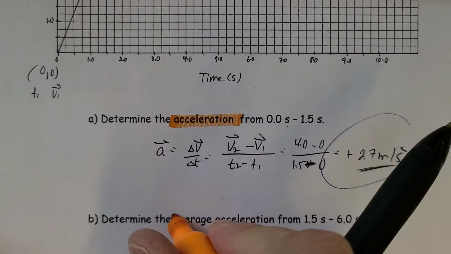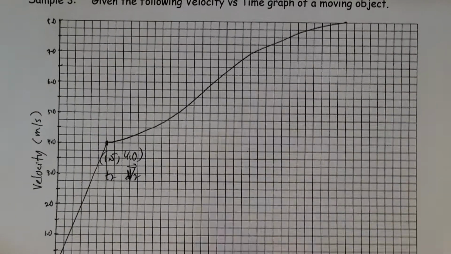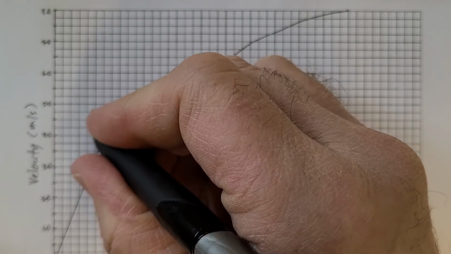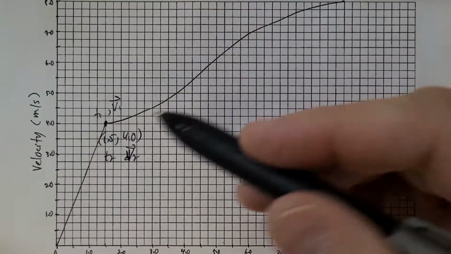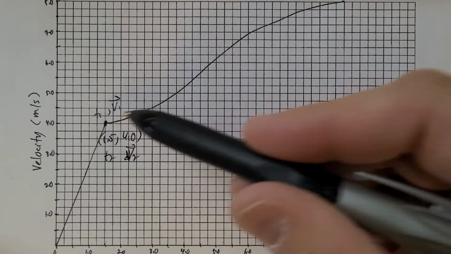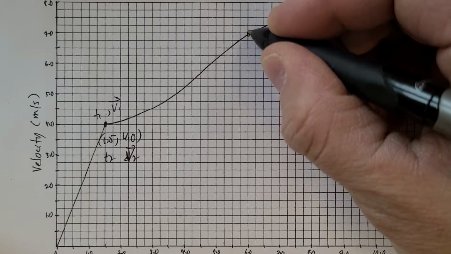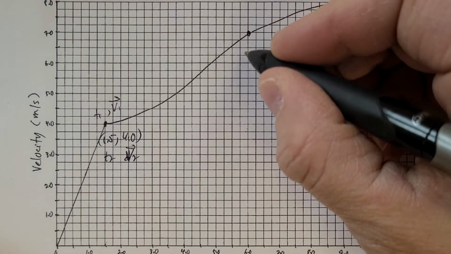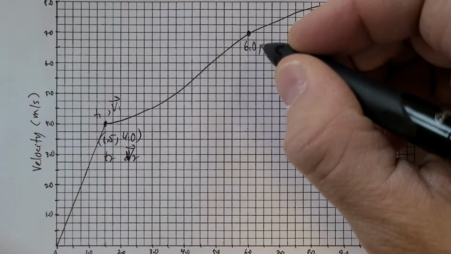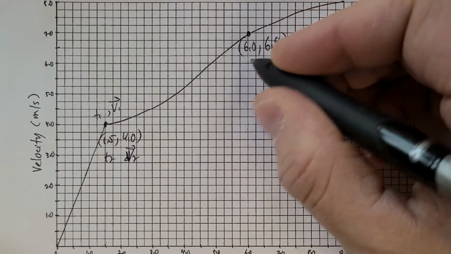Now if I look at an area that isn't straight, so from 1.5 to 6, so now I'm using this as a T1 V1 point. I'm going from 1.5 all the way to 6, which is over here. And if I look at that point, that's approximately, so that's going to be 6.0, and it's just shy of 7, so I could say 6.9.